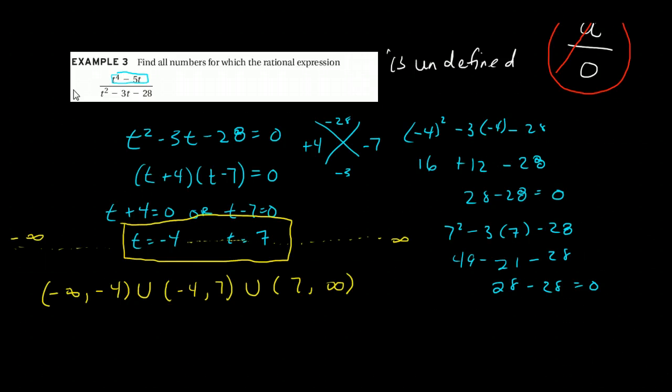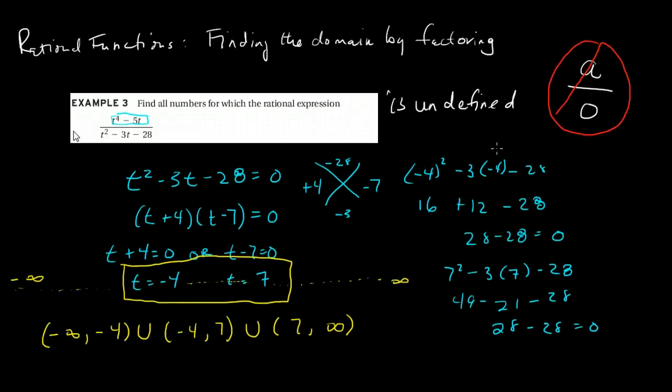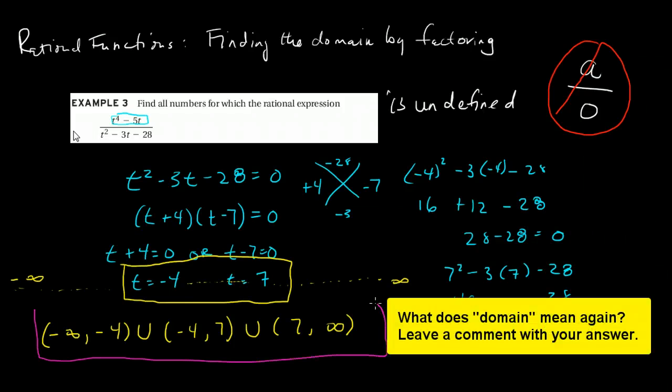So that's how we use factoring to find where our rational expression is undefined, and then we use that information to state the domain. This is the domain of the rational expression.